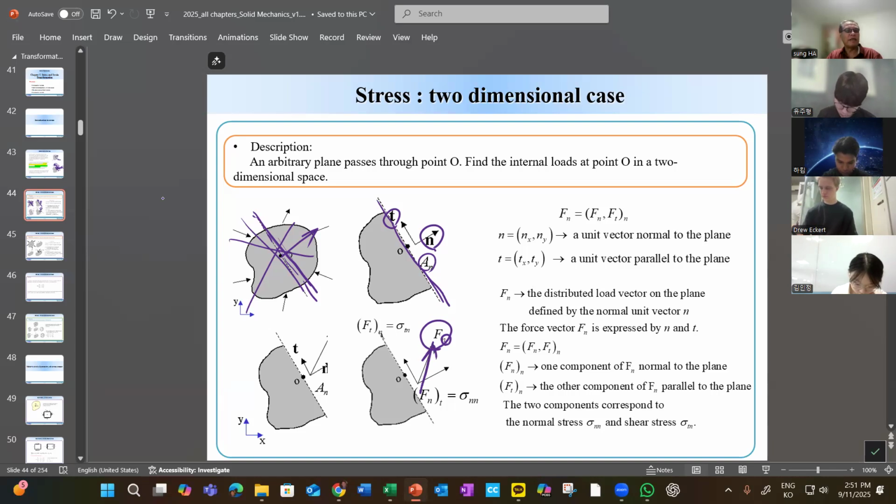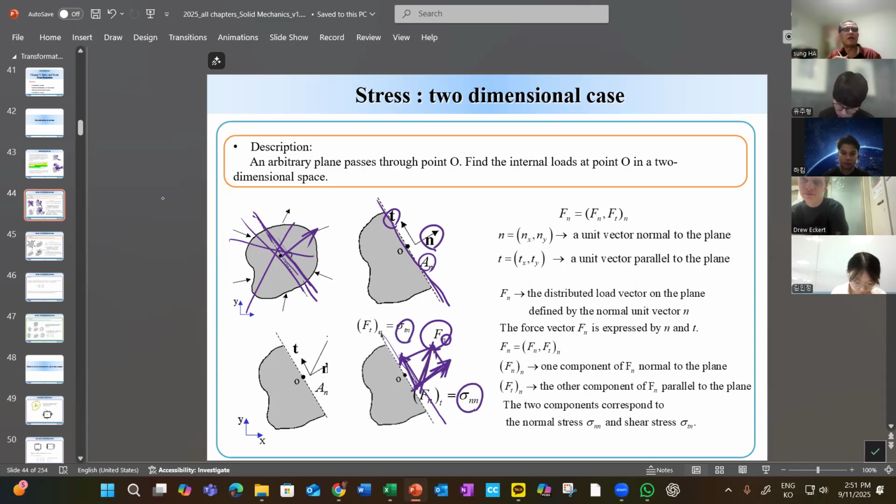Now, this Fn we like to decompose into a normal vector and a shear vector. What I mean by normal is always vertical toward this plane, and tangential is a shear. So we can decompose this vector. That's why we call sigma nn and sigma t.